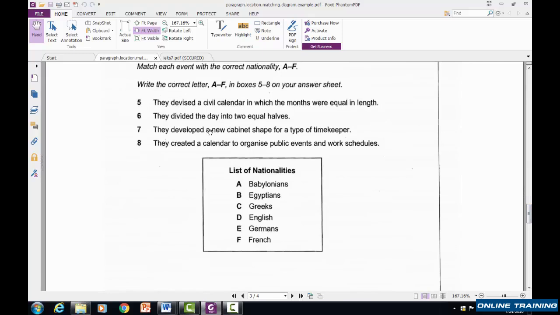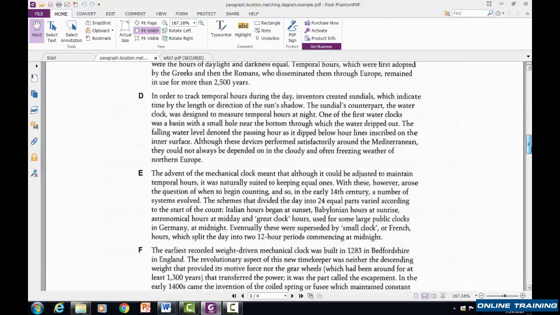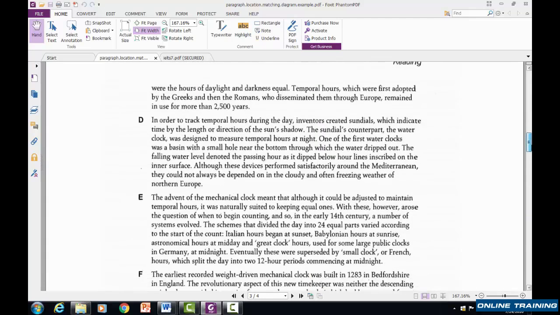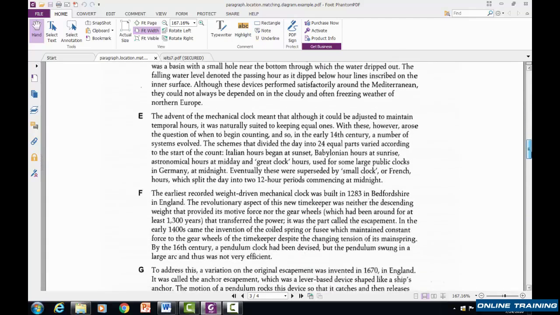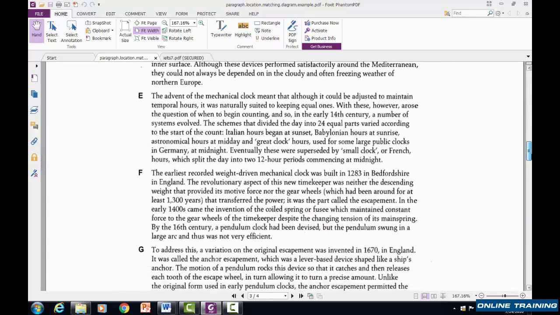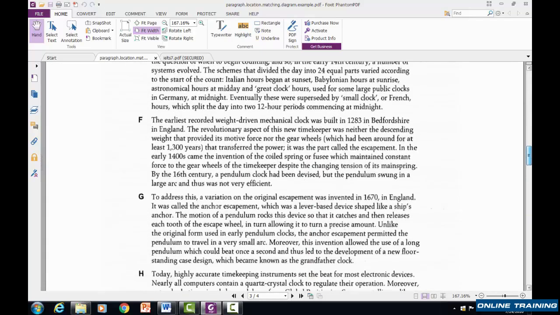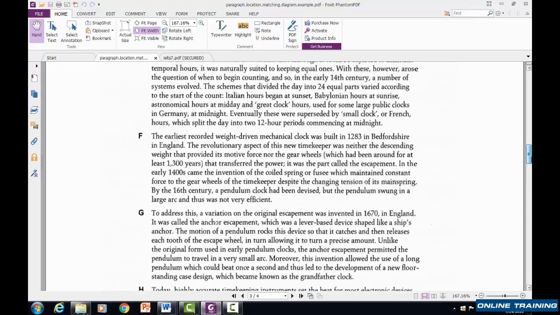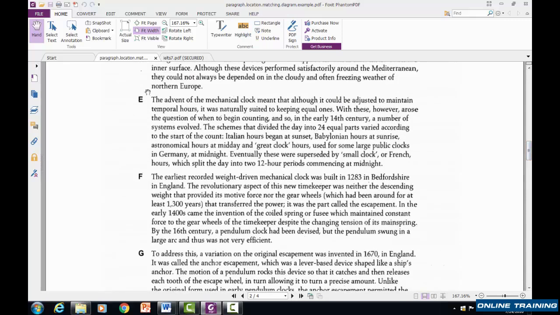I'm down to the Germans and the French. I saw Germany as I was scanning through it. Oh, there it is. Paragraph E. There's Germany. There's French.